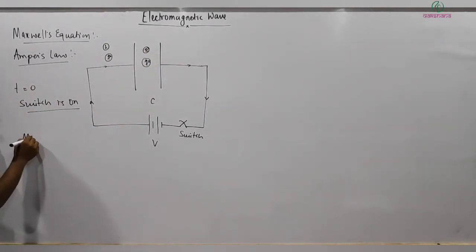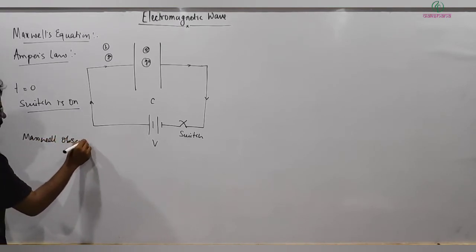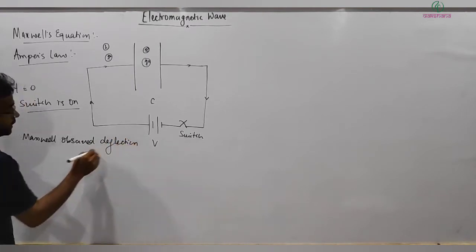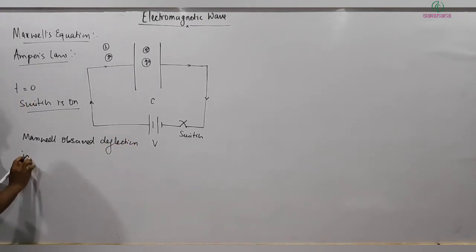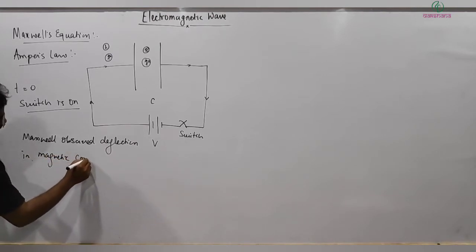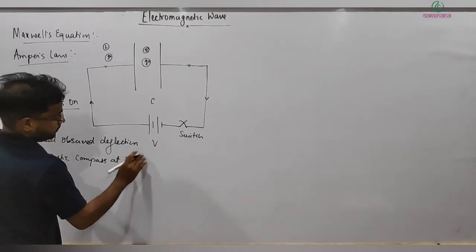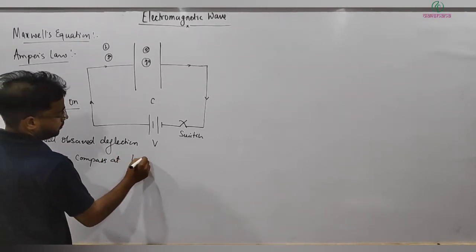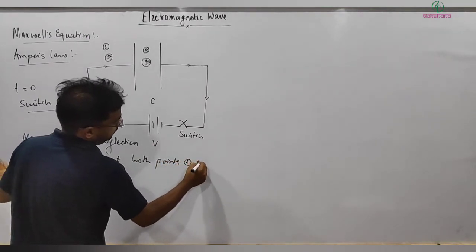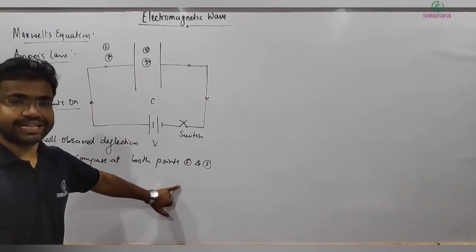So Maxwell observed deflection in a magnetic compass at both points 1 and 2. What does that mean?